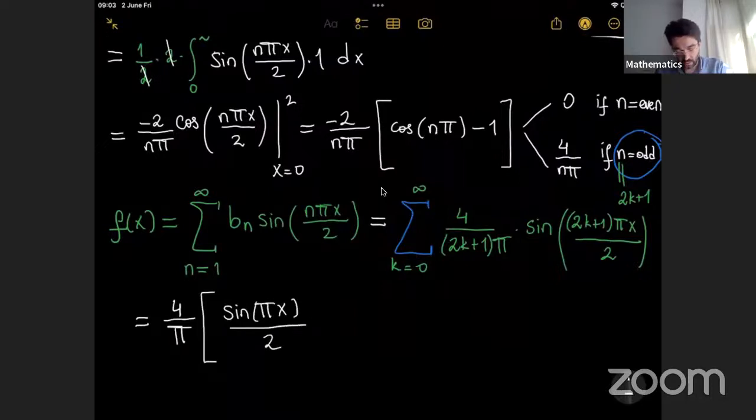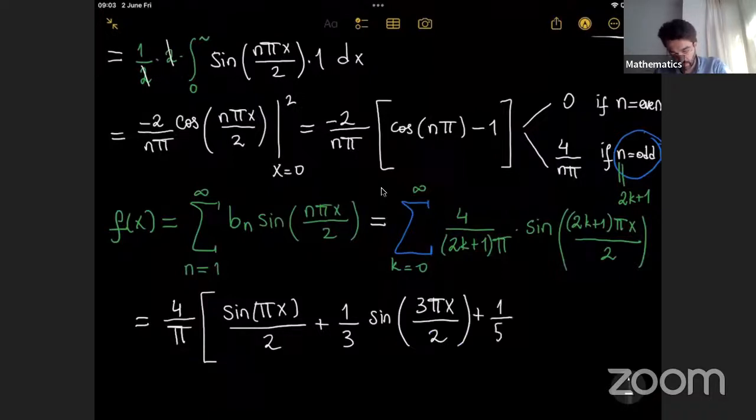When k is equal to 1, you will get 1/3 sine of 3 pi x over 2. And it continues like this. When k is equal to 2, it's going to be 1/5 sine of 5 pi x over 2, and so on. Okay, so this is your Fourier series for f of x.